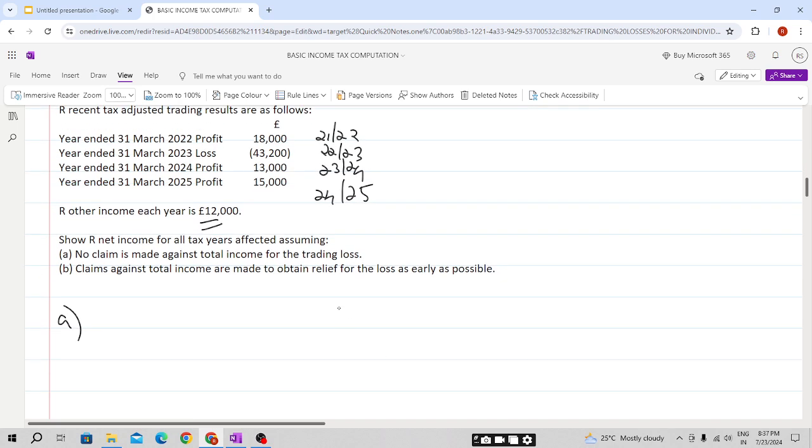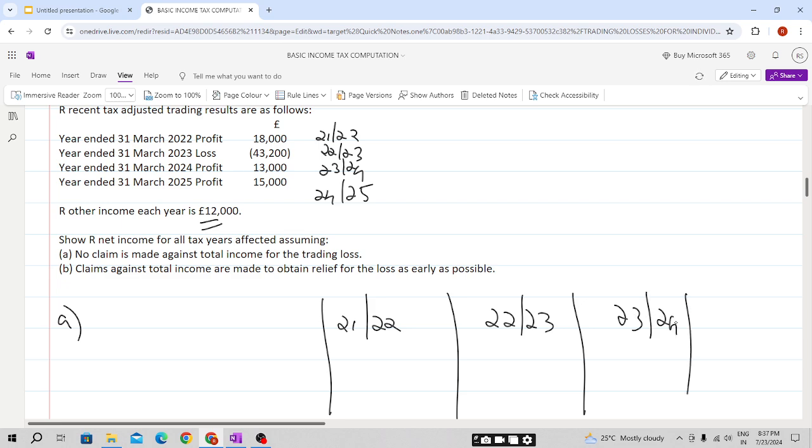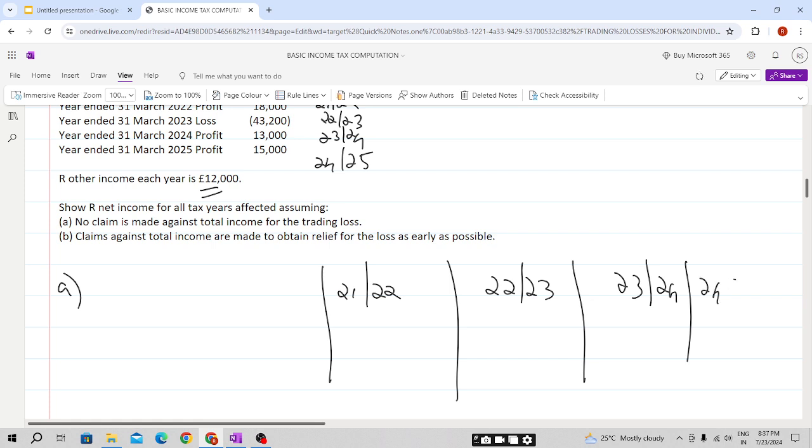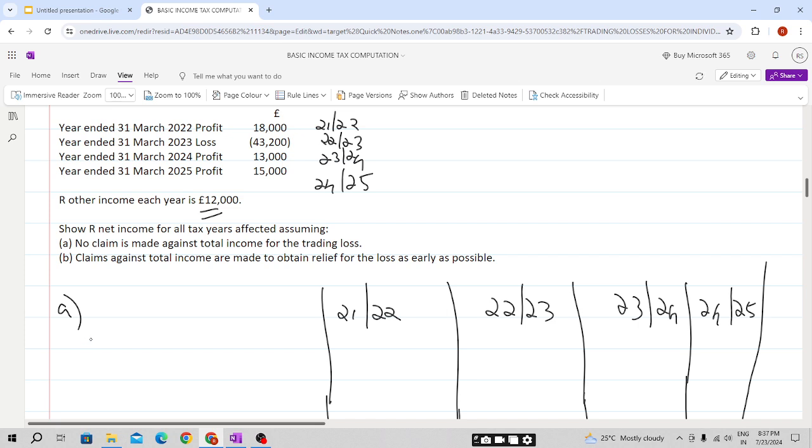So now first we will draw the column for each tax year: 21-22, 22-23, 23-24, 24-25. The trading income for 21-22 is 18,000.